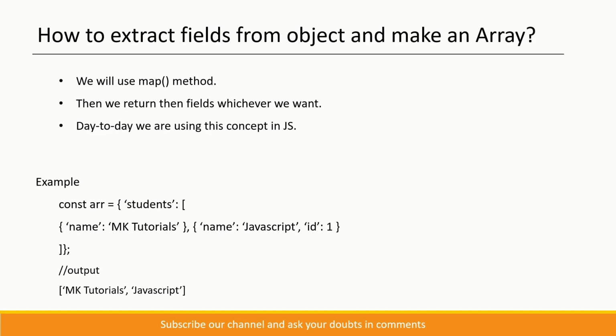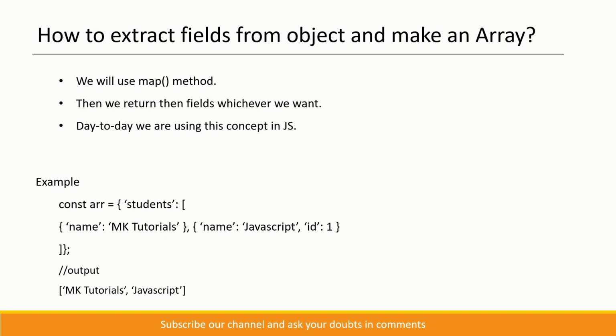Inside that data you want to add some new fields or delete some fields. Finally you need to make it an array. With that array you either display it on the UI side, or display it in a table format, and process some data in your project. So this is the real-time scenario.